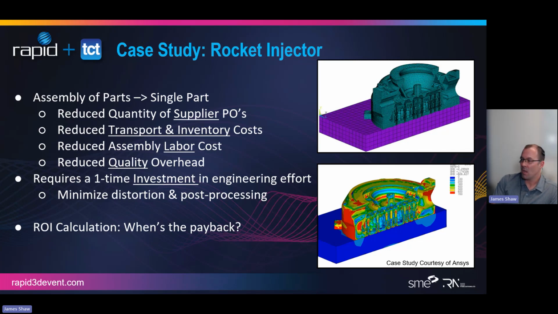And here's another great one that we have from Ansys, which is, there's this massive rocket injector, right? And I think this part originally had like 40 or 45 parts in it. And they all have to be pretty precise, right? I mean, this is a rocket injector. It can't really go wrong. It needs to get fuel from a storage tank into the combustion chamber.